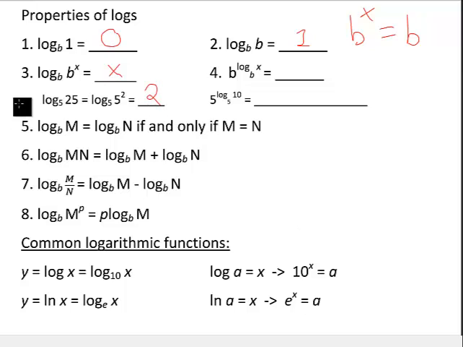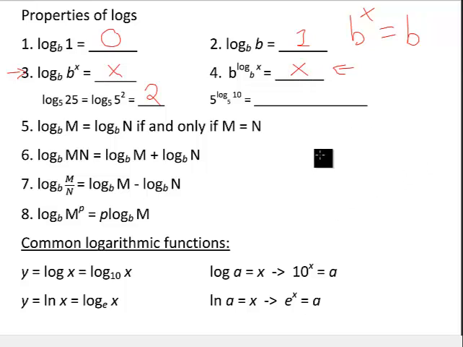The other way you can think about this original equation here is to say that we're going to use the inverse properties of logs and exponents. Here we're composing functions, right? We're taking the function b to the x power and plugging it into the log. But anytime you compose inverse functions, what you get left with is just x. So that still applies here, because again we're composing inverse functions, and anytime you compose inverse functions you just get x.